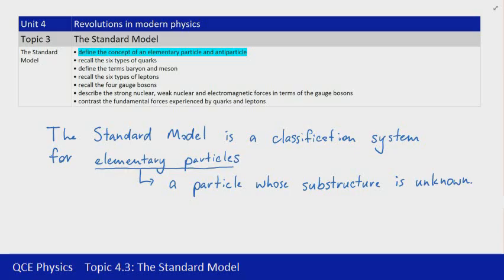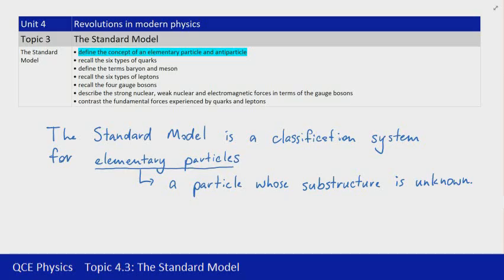The discovery of the electron showed that electrons came from the atom, and then we had that progression of development through Rutherford's model, through the Bohr model, and so on and so forth, where smaller and smaller particles were being discovered. So protons and neutrons likewise were thought to be elementary at one point, but we'll see as we go through the standard model of particle physics that they too can be broken down into smaller parts.